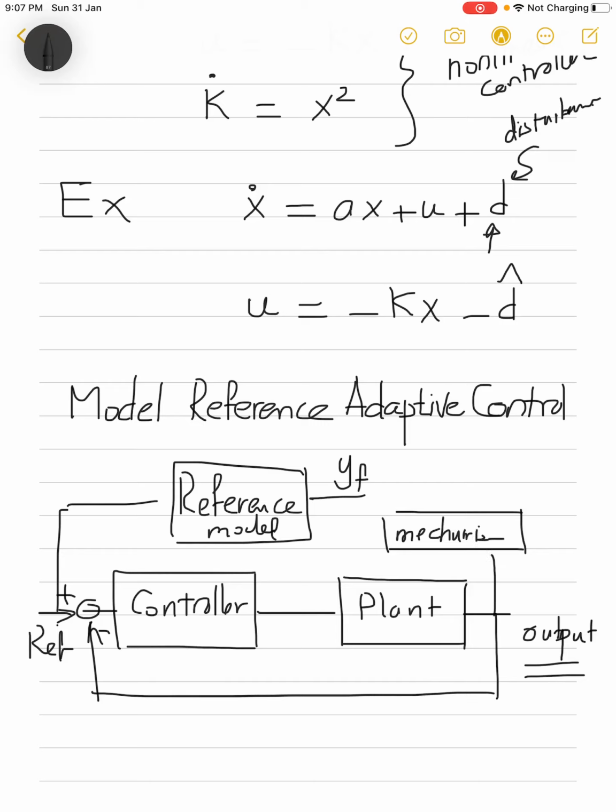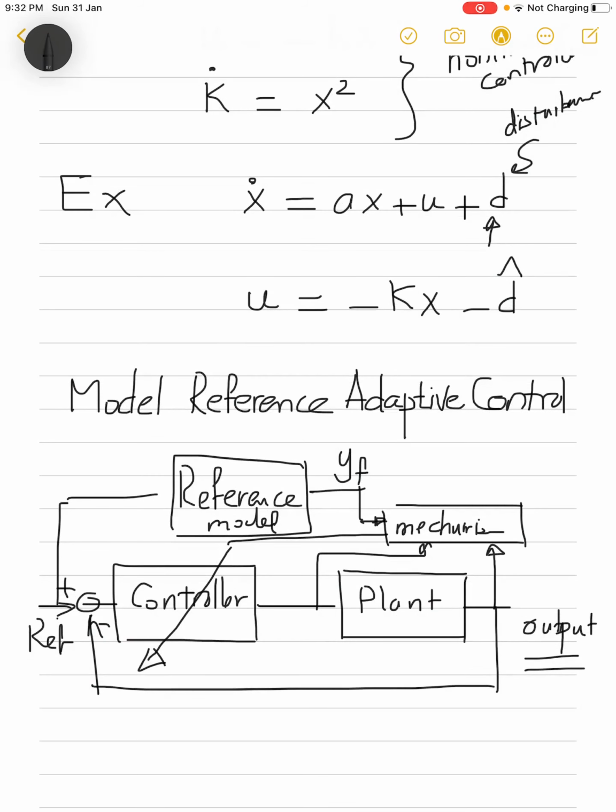We take as measurements the output of the process, the control signal, and the output of the reference model, and the adjustment mechanism would be designed some way so that it would adjust the controller parameters so that the closed loop system would behave in a similar fashion like the reference model. So this actually concludes my introductory lecture on this course, and we'll continue in coming lectures.